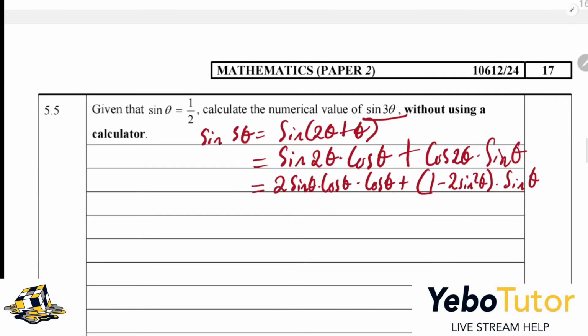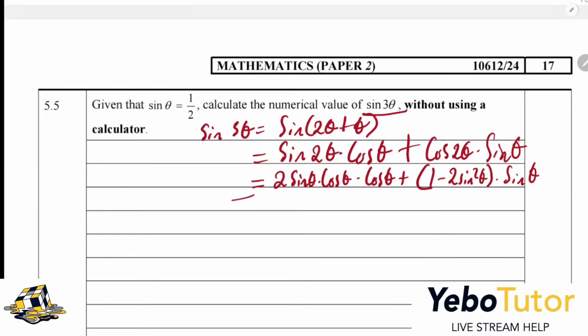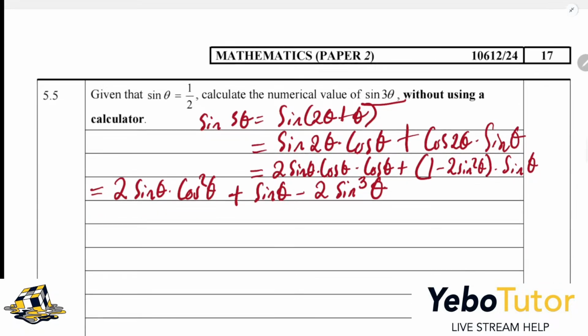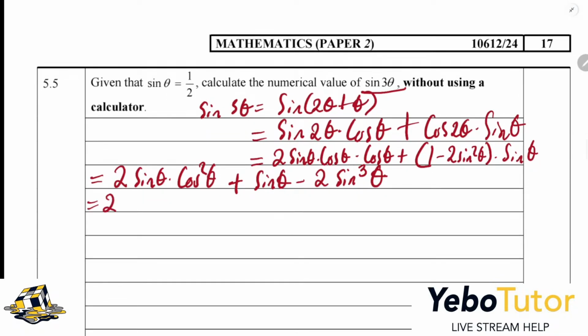So this is equal to 2 sine theta times cos squared theta plus sine theta minus 2 sine cubed theta.